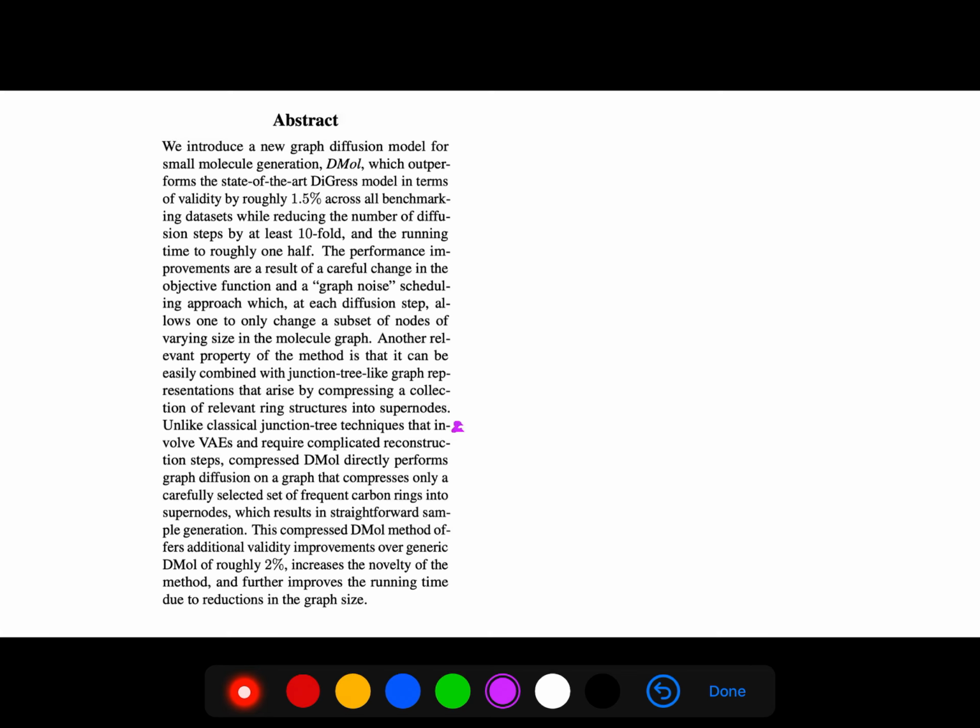So they say here that, unlike the classical junction tree method for graph generation from MIT, which involves VAEs and requires complicated reconstruction steps, compressed DMol, their method, directly performs graph diffusion on a graph that compresses only a carefully selected set of frequent carbon rings into supernodes, which results in straightforward sample generation.